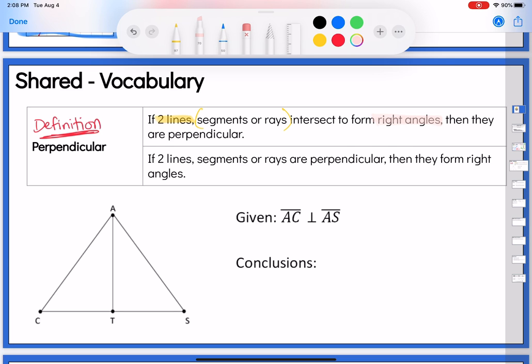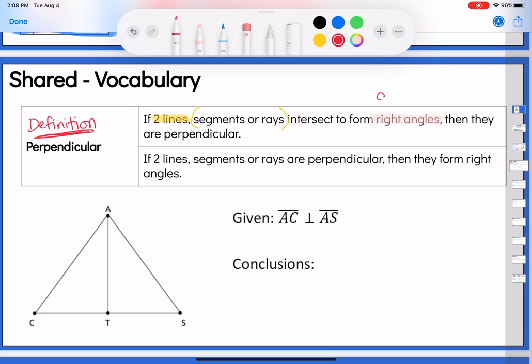Then they are perpendicular. What else could we say instead of just saying form right angles? Another thing that we could say is that they form 90-degree angles. So that could be swapped out for 90 degrees depending on what you're given in your proof.